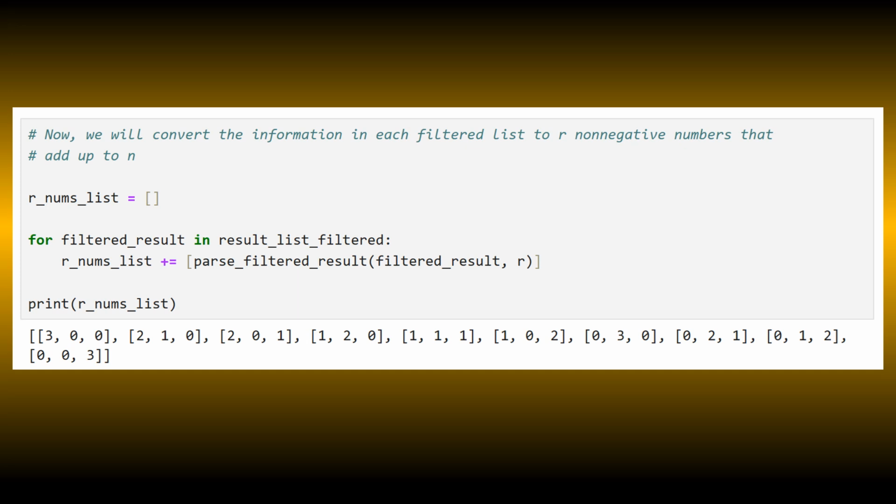So we have printed the results over here, and you'll see that these are all possible arrangements. And there are 1, 2, 3, 4, 5, 6, 7, 8, 9, 10 of them, which makes sense.